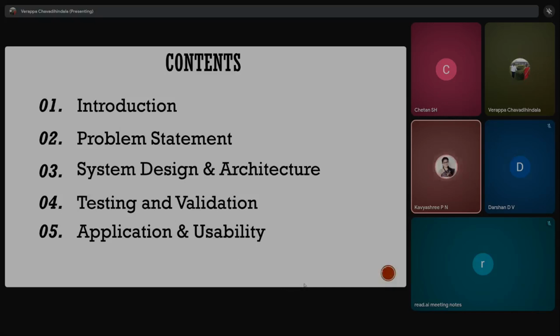Hardware and software requirements, followed by implementation, testing, then application usability. Finally, you need to have a conclusion in your slide. Is that clear? So these contents should be normal, but you need to stress only system design, testing, and application in your review too. Hope everyone got my point.